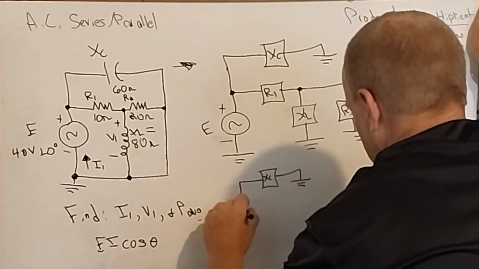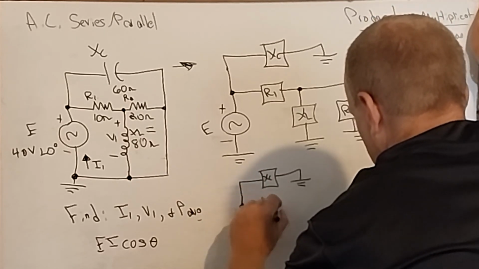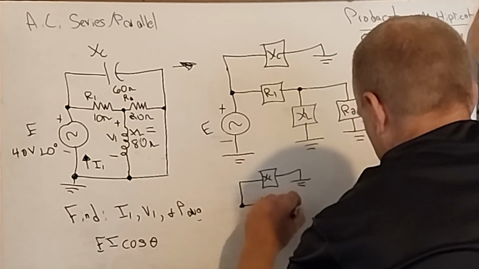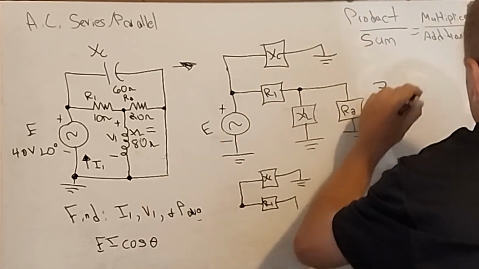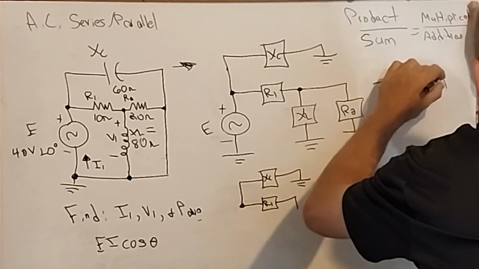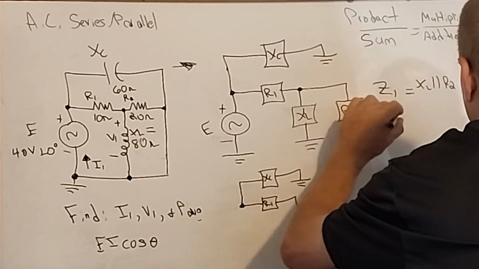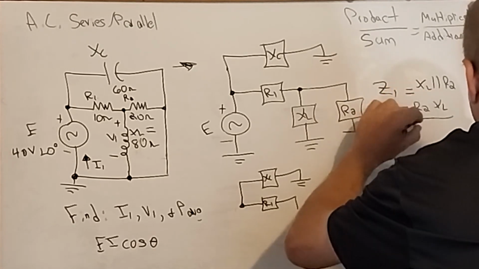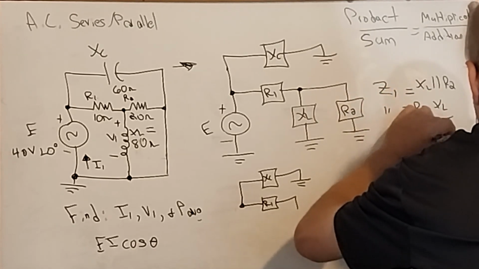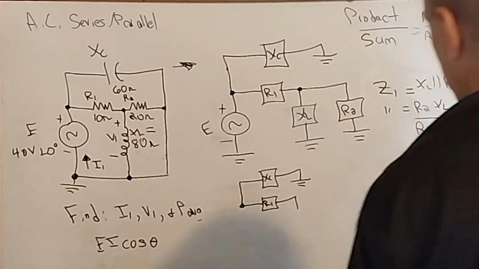And then R1. And let's make this Z sub 1. Z sub 1 is equal to X of L parallel with R2. That's equal to R2 times X of L divided by R2 plus X of L. Okay.